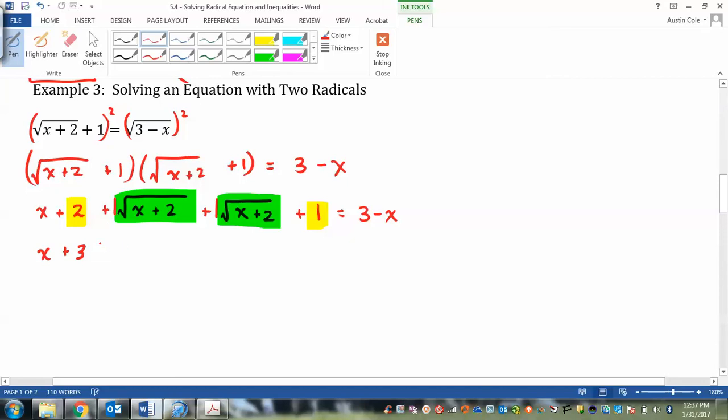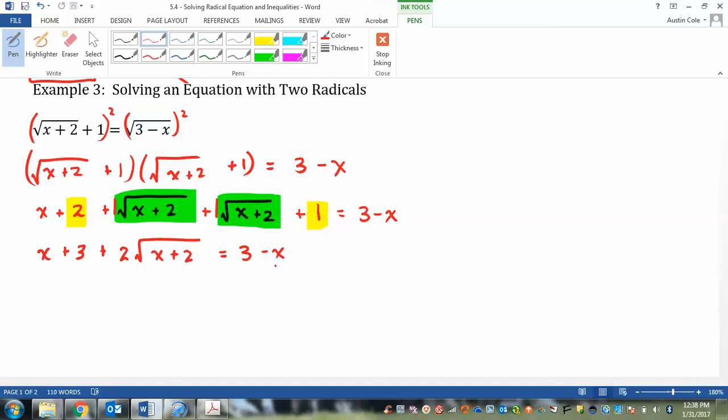It should be a plus 2 of them. Any questions so far? Big idea. We got to FOIL this big thing. When we do that, I'm left with that.